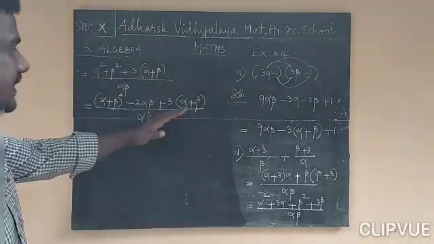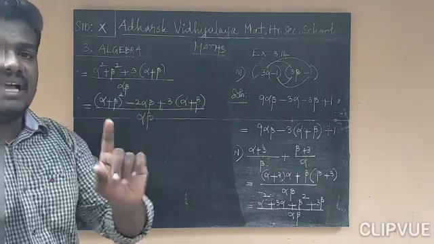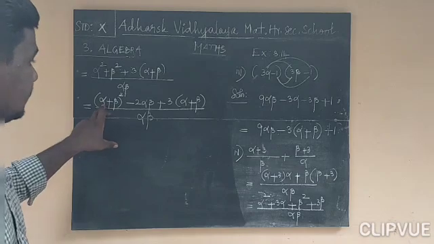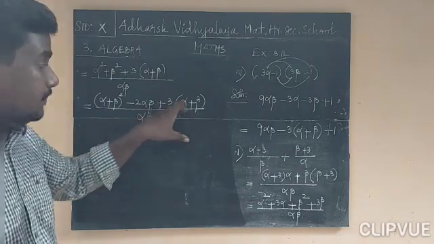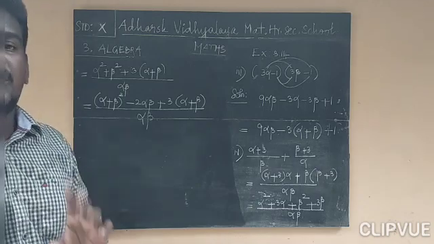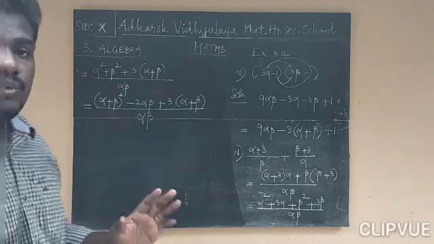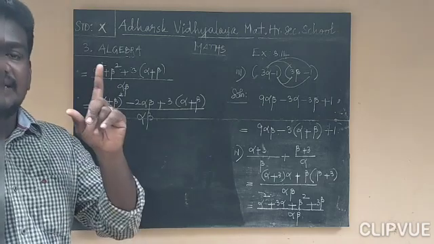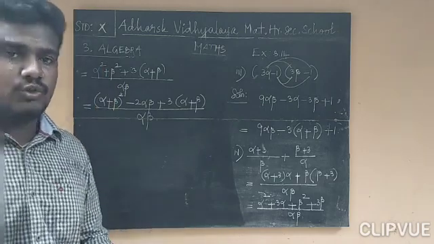This expression contains only the terms alpha plus beta and alpha beta. Look at this. First term alpha plus beta, second term alpha beta, third term alpha plus beta, and denominator alpha beta. I hope you all understand this. Here they asked to rewrite the expression into terms containing either alpha plus beta or alpha into beta.